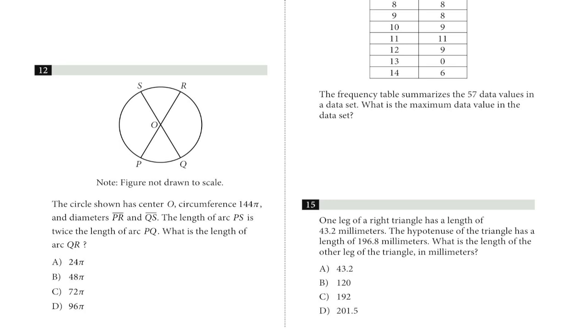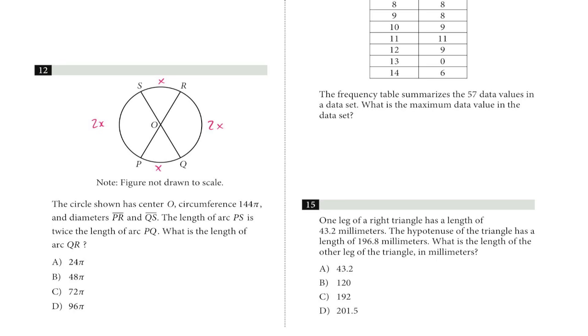So if PS is twice the length of PQ, I'm going to call PQ x, and then twice the length would just be 2x. And then actually the SR will be the same arc length as PQ, because those are called vertical angles, or vertical arcs here, I guess. And then RQ will also be 2x. And they're actually asking for QR. So they want to know what 2x is.